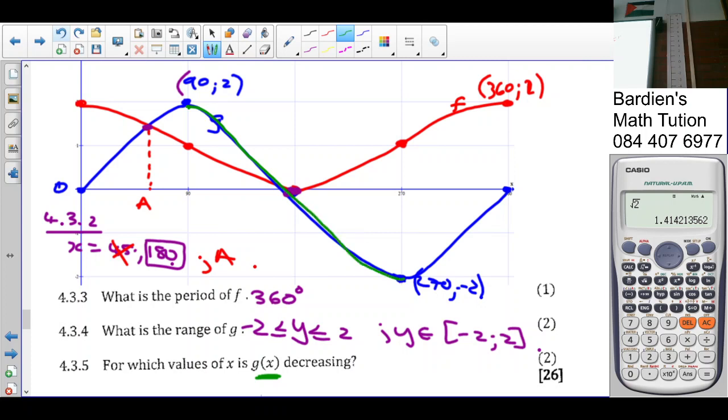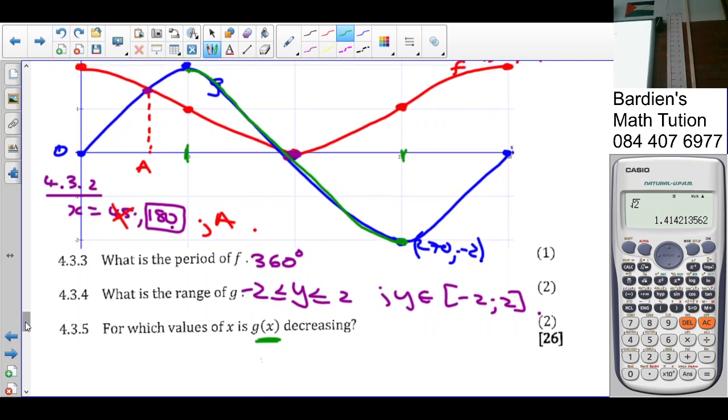Decreasing till which point? Till 270. Then it starts increasing again. Not so? So it's decreasing from x equal to 90 to x is equal to 270. So for which values of x is g of x decreasing? It's decreasing for x is greater than 90 degrees but less than 270 degrees.